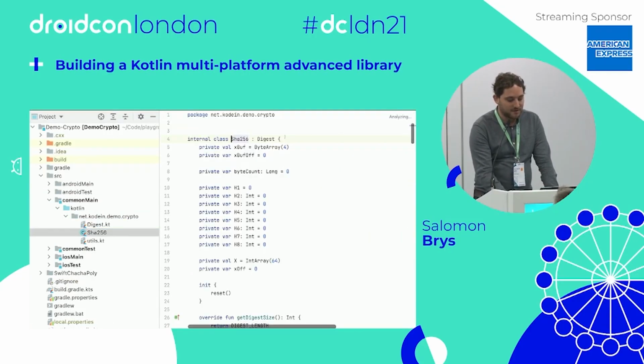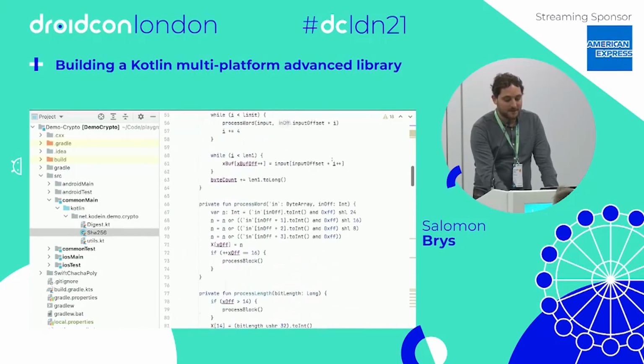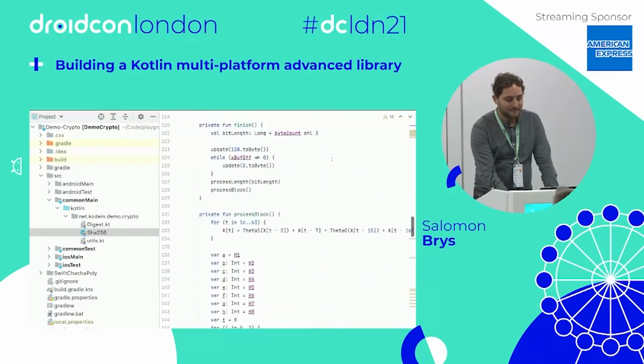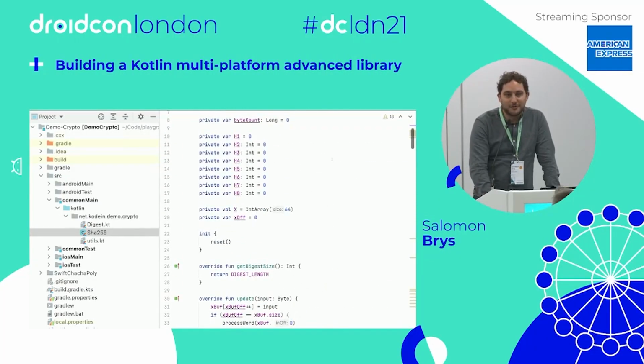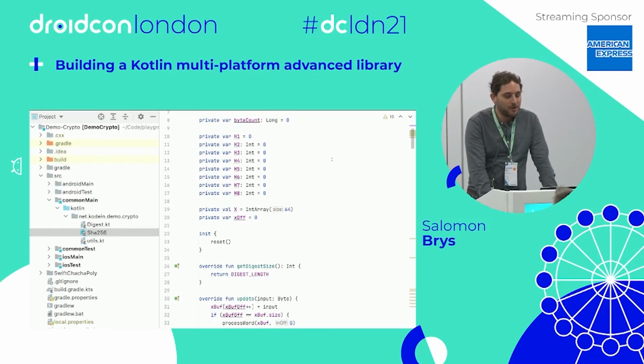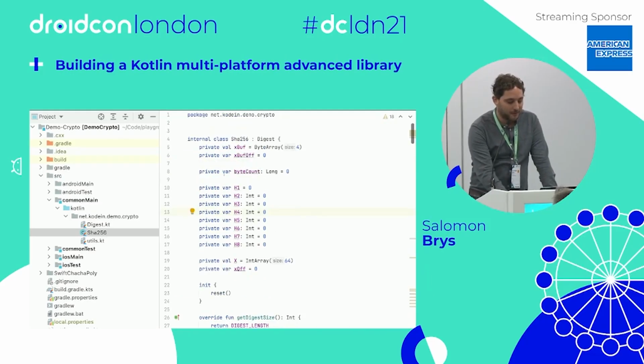And so I have this SHA-256 implementation, and it's the actual implementation of SHA-256, and this is bad. Don't do this. Never use your own crypto. That's one of the first things you learn when you start using cryptography: never implement your own crypto, because you will make mistakes, and those mistakes will cost you huge money, especially if you're working in the cryptocurrency business.